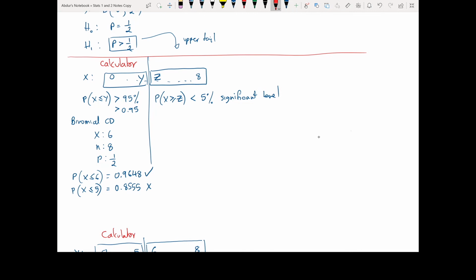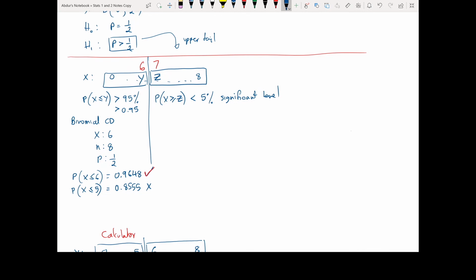Okay, so this is the one that works. I'll put that here. This value of Y is 6. If that value of Y is 6, then the value of Z here must be 7, since we've got discrete random variables here. It's either a 6 outcome or a 7 outcome that appears as heads.